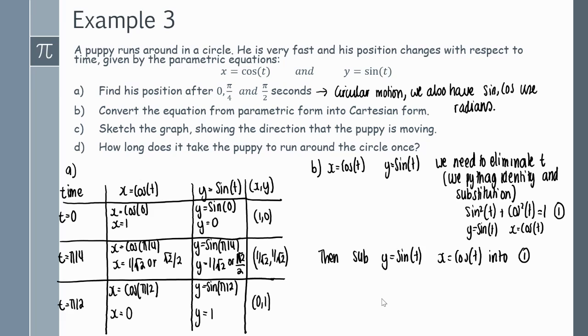Let's have a look what we'll get. Well, if sine t is y, I have sine squared in the original, so I have y squared. Plus, let's substitute x in for cos t. I'll get x squared because I have cos squared, and all that equals 1.